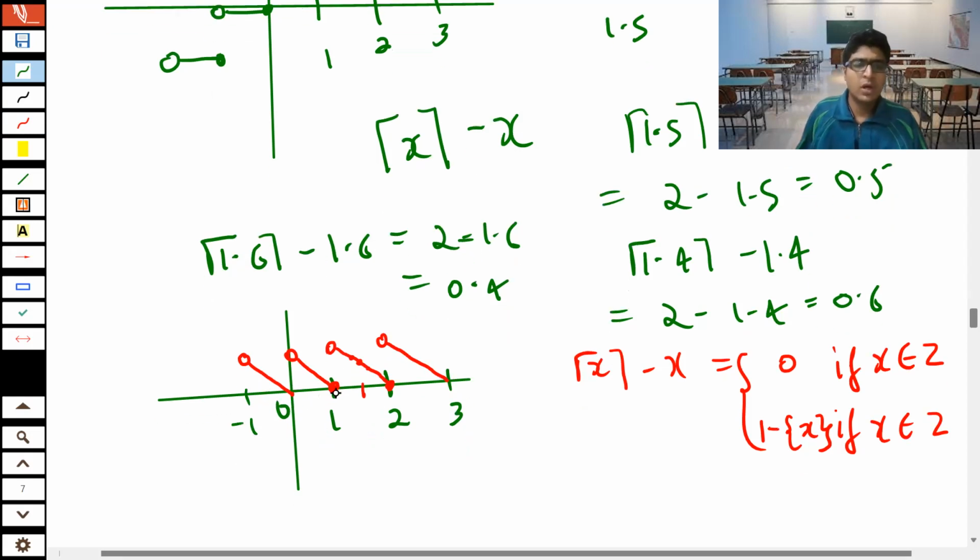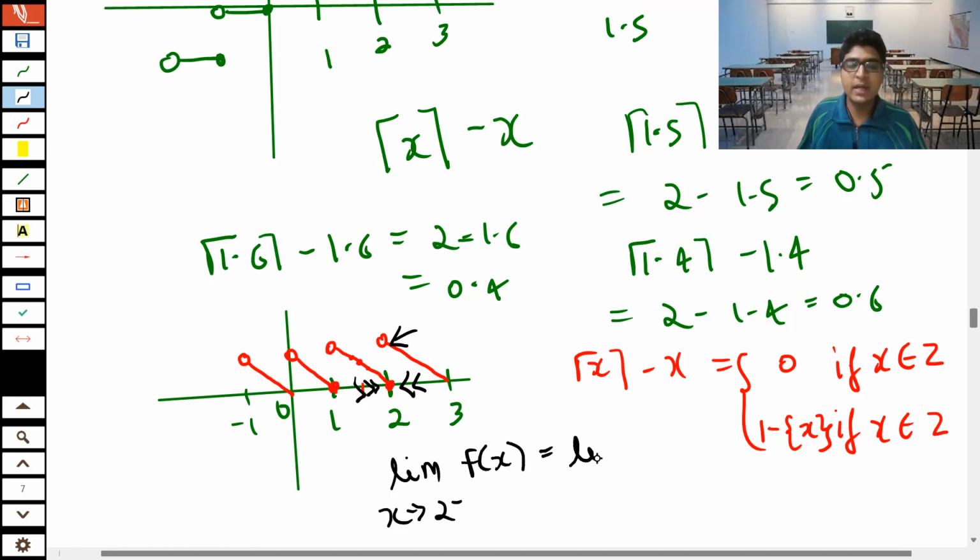Okay, so what is it? Is it right continuous, left continuous? What is it? Let me check for 2. So when I approach this function from the right, you are reaching somewhere here. Okay, and when you approach this function from the left, you are reaching the same value as f of 2, right? So the limit as x tends to 2 minus of f(x) is the same as f(2).